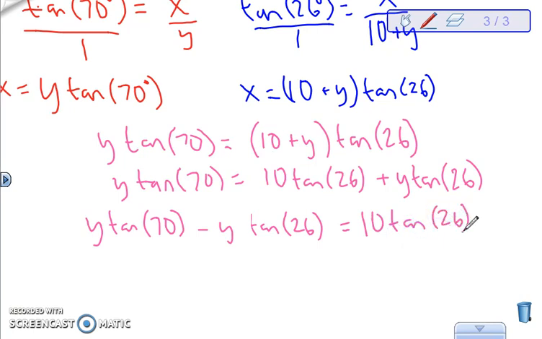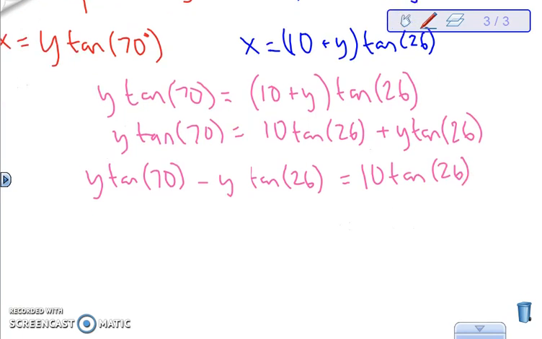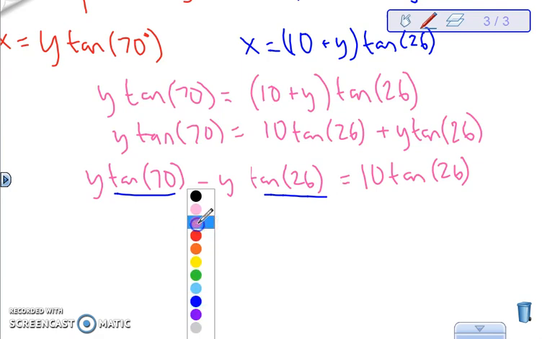And so now since we are in geometry and not algebra 2, what I'll go ahead and do is subtract these two on my calculator. So I'm going to type tan 70 minus tan 26. Because we know if we have two numbers with the same variable, you just add or subtract them like normal and then stick the variable on the end. So if I do that, that's about 2.26.